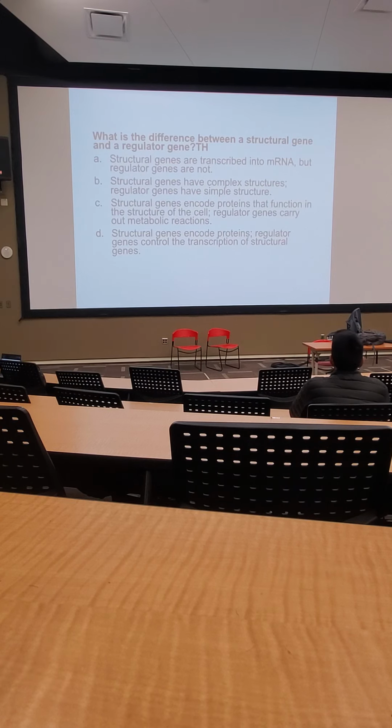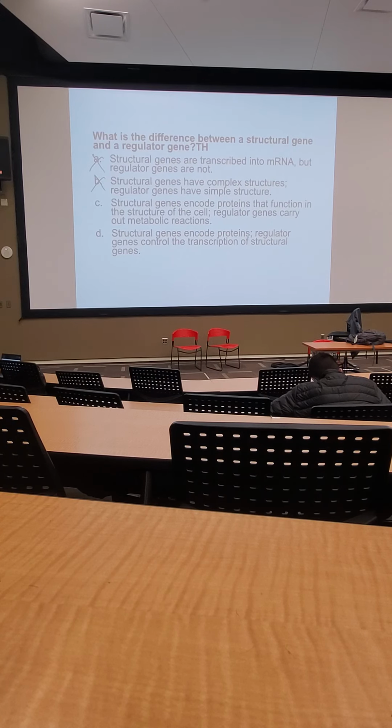But I think the method of elimination that you were talking about is important. A, we can eliminate that one, right? Structural genes are not transcribed, or regulator genes are not. How would they work if they're not a protein? So that can rule out that one. The structure, that's not where it gets its name. So back to C and D, which is what the majority of you are answering.